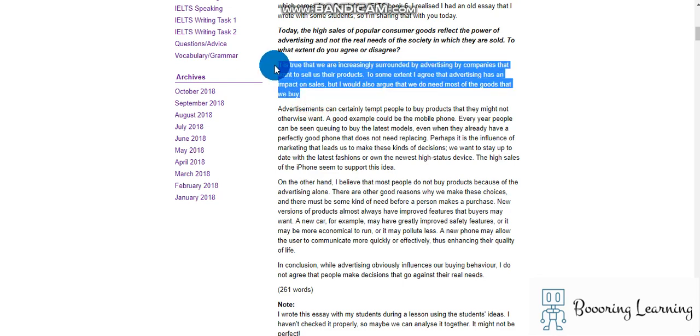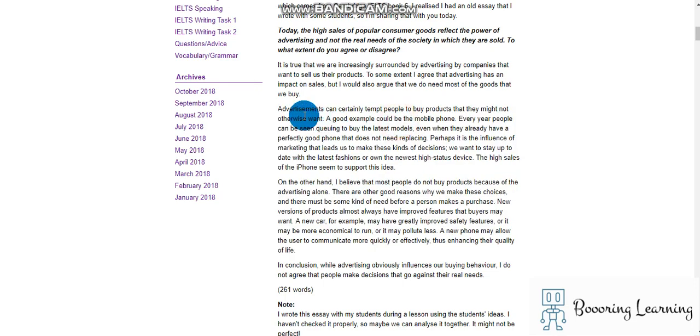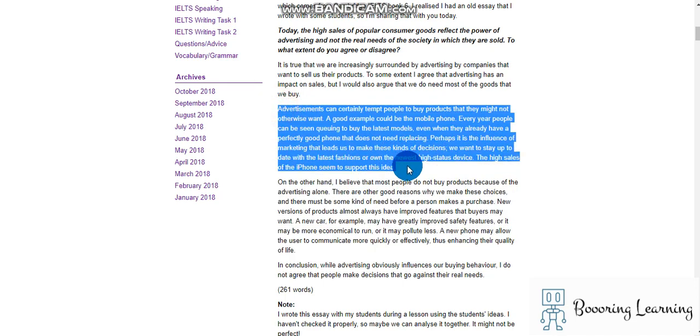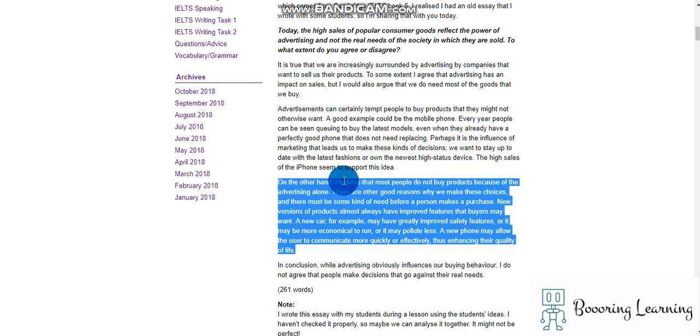So the introduction is a standard paragraph. After we write our introduction, we must think how we will use these two paragraphs. As you see, one of them can possibly talk about advantages, and one of them disadvantages.